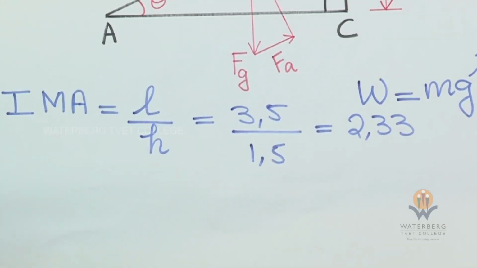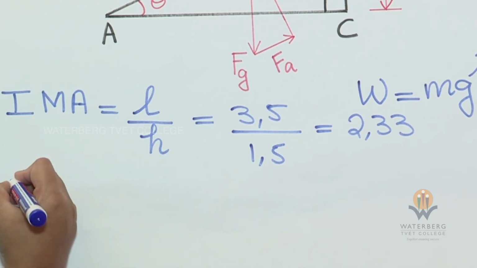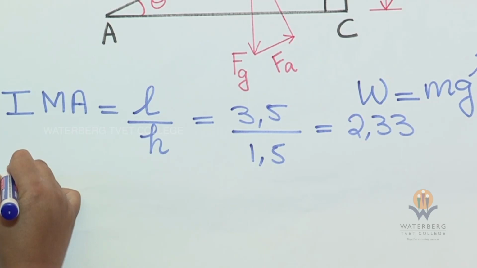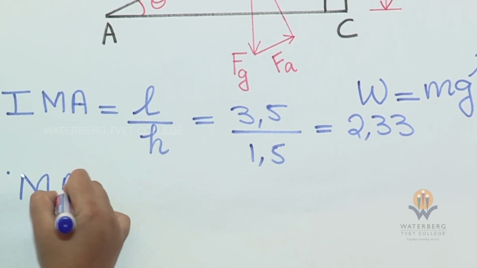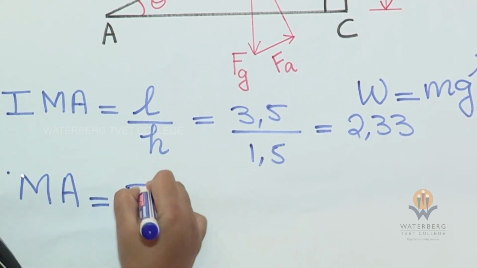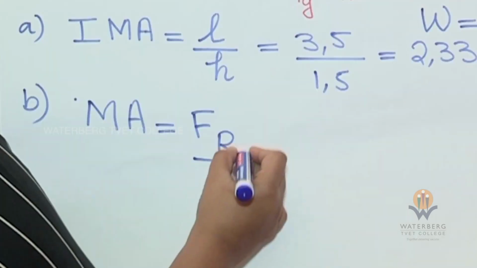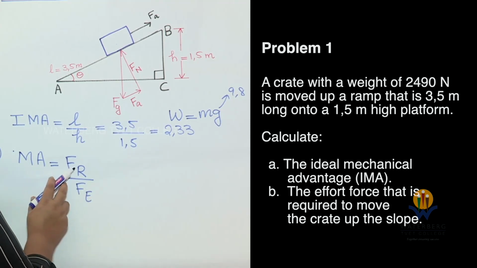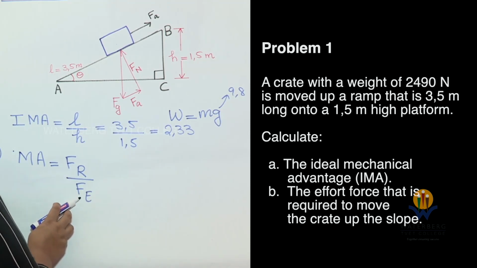Second, the question asks for the effort force that is required to move the crate up the slope. So we want to calculate the effort force, and we know that mechanical advantage is resistance force divided by effort force. Mechanical advantage is resistance force over effort force.